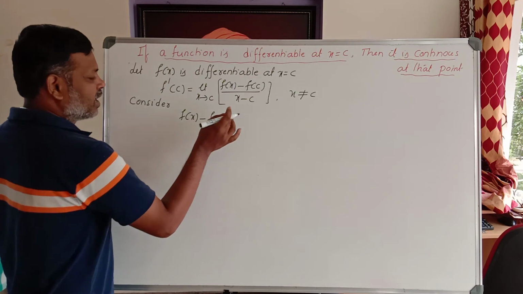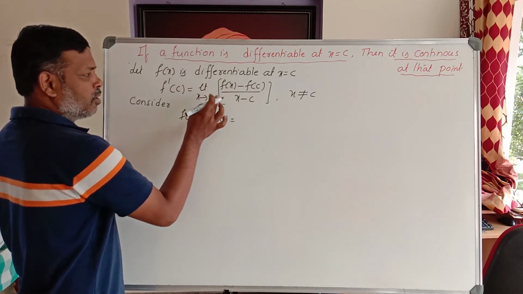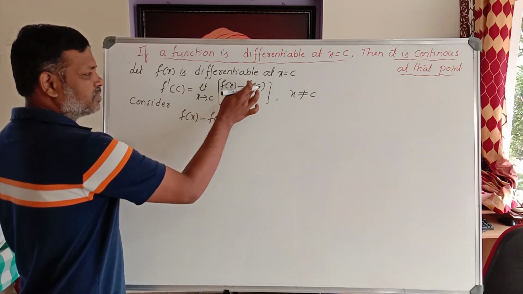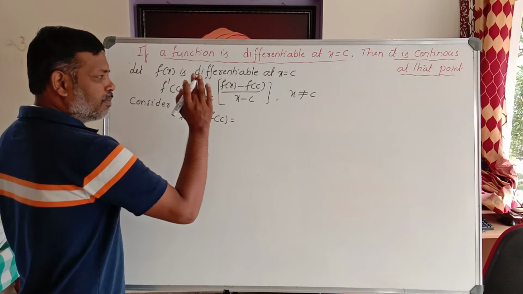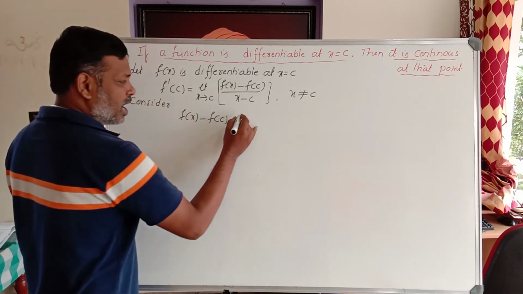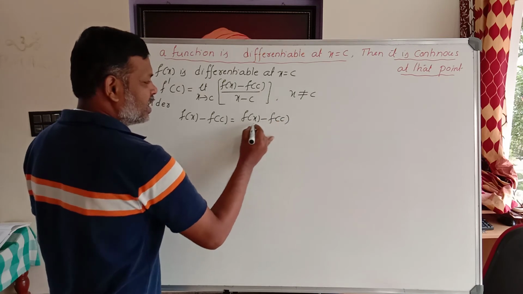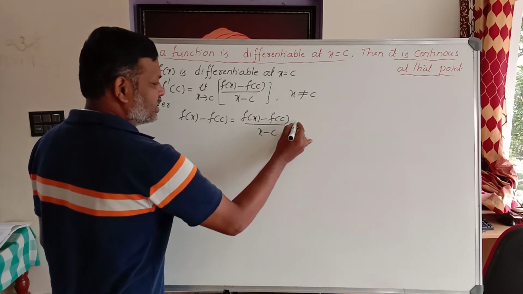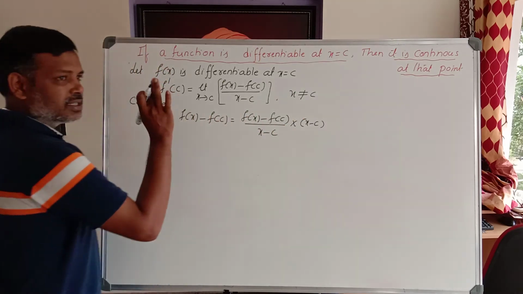Now we need to make f of x minus f of c like this. Since we have f of x minus f of c divided by x minus c, we have to divide and multiply by x minus c. What do I have to write? F of x minus f of c divided by x minus c into what? X minus c. If it cancels again, you will get the same thing.